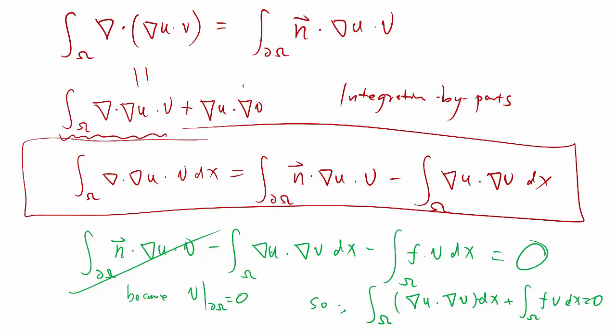That is my new Poisson's equation. And we are going to see later on that this is a more finite element friendly version of the differential equation. Okay, this is called the weak form of the differential equation.